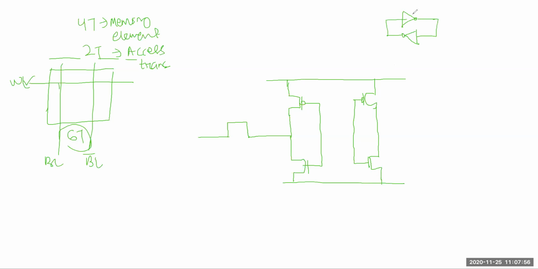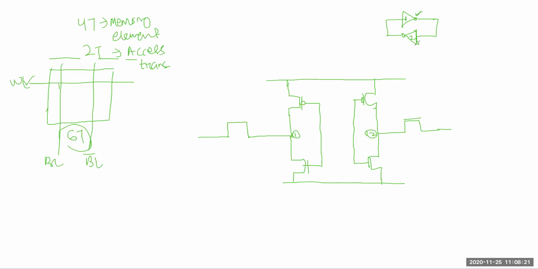Suppose this is inverter 1. The output of the inverter is connected to the input of the second inverter. This is the first inverter, this is the second inverter. So the output of the first inverter is connected to where?